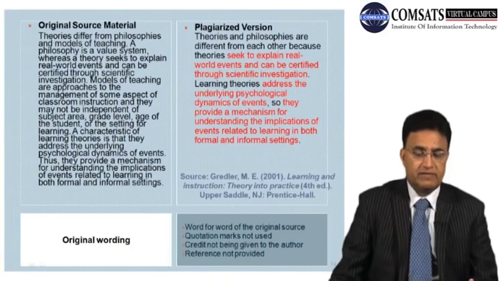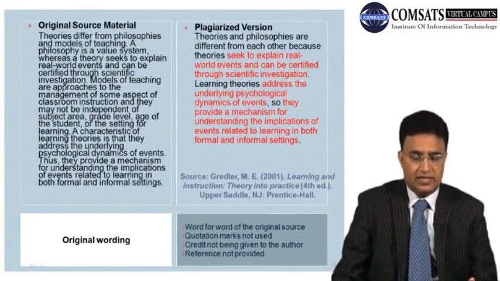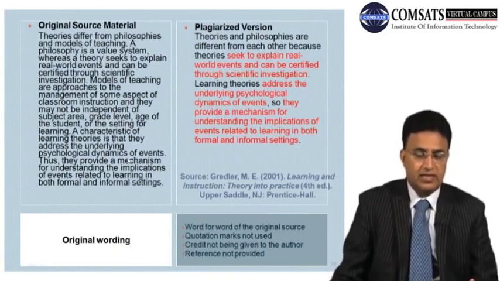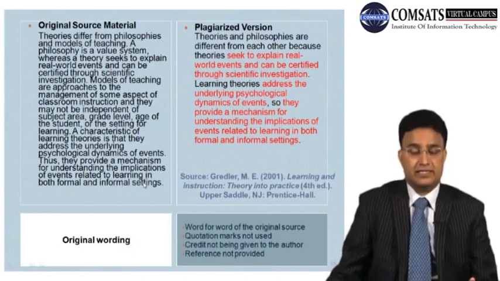A characteristic of learning theories, therefore, is that they address the underlying psychological dynamics of events. Thus, they provide a mechanism for understanding the implications of events related to learning in both formal and informal settings. That is the original source.